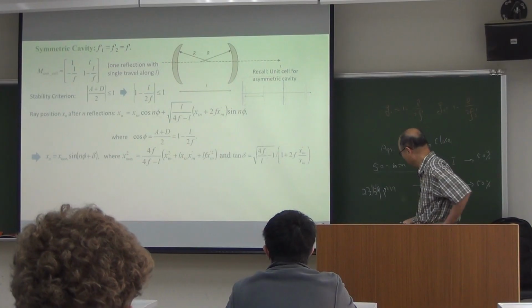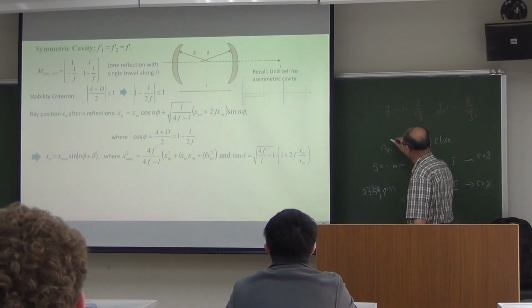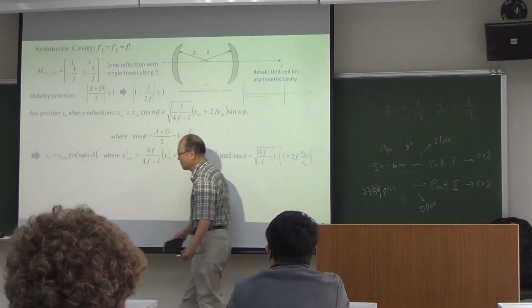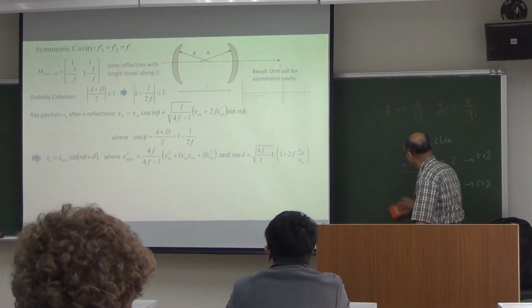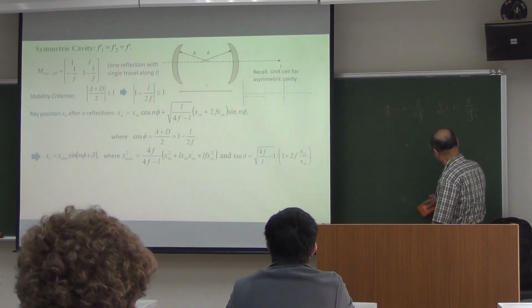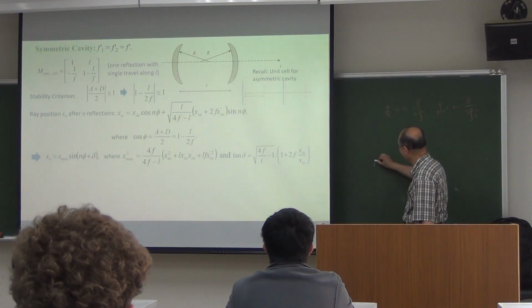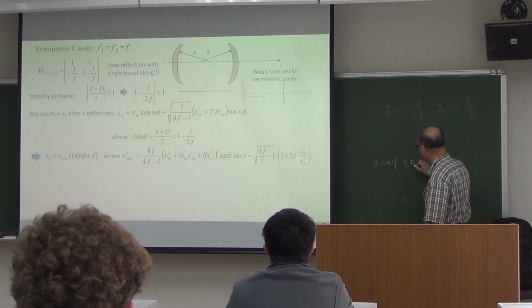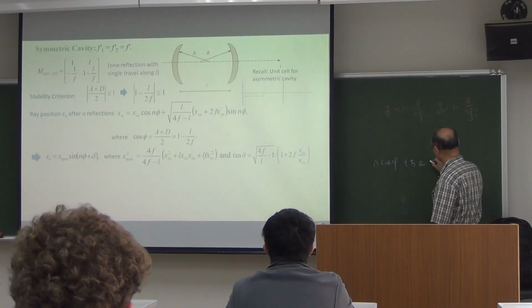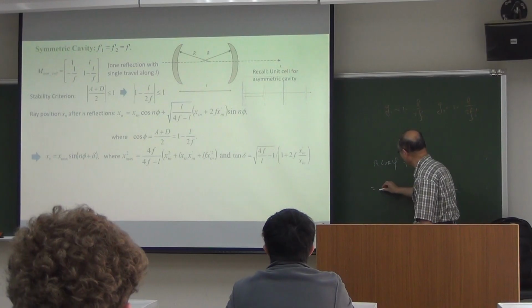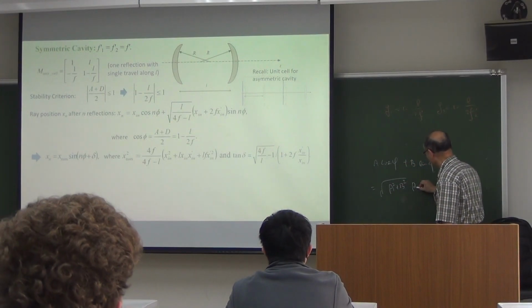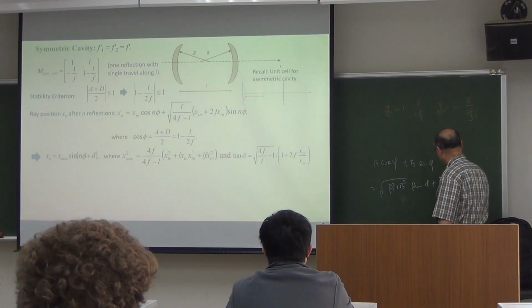Quite straightforward, right? So you have something like A cosine phi plus B sine phi. You can write it as square root of A squared plus B squared times sine of phi plus some angle.